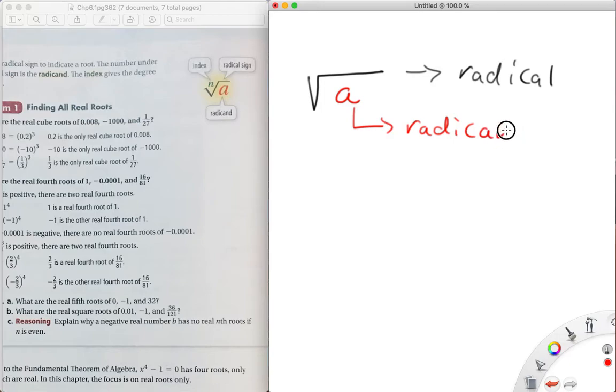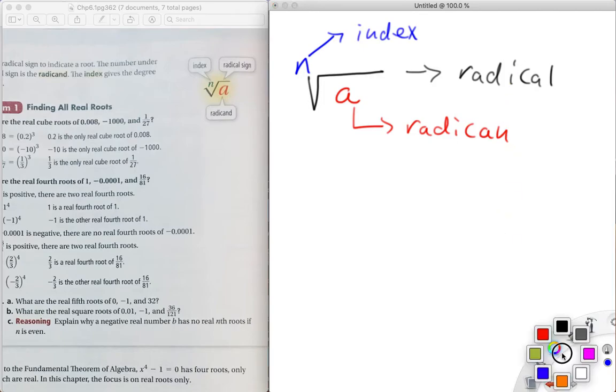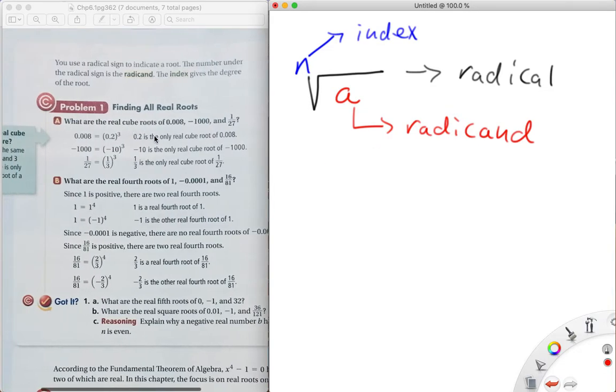Radicand, whatever is being rooted. And then this, whatever it could be, square root, cube root, fourth root, fifth root, etc., that's called the index. And that tells you which root you're taking. So we have the radical symbol, the radicand inside the radical symbol, and then the index.